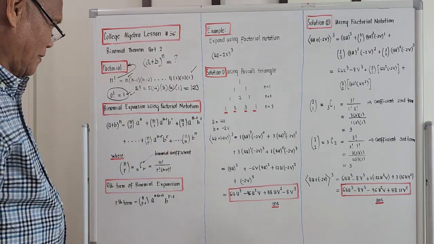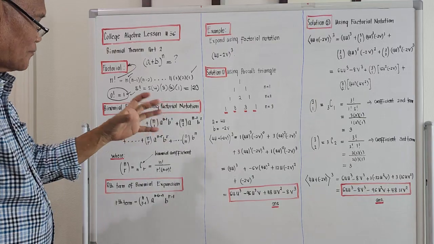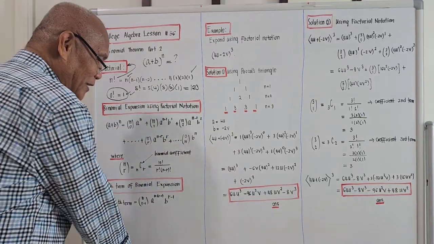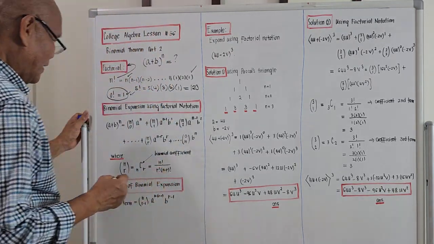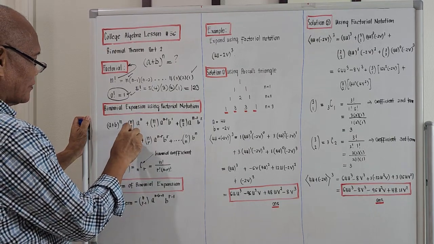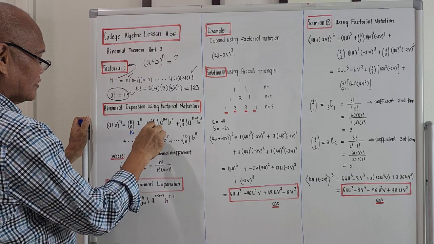That's the formula on how to take the binomial expansion using factorial notation. Is it complicated? It is something like this. I will show you how. We represent this one as K1 maybe. This one will be K2.